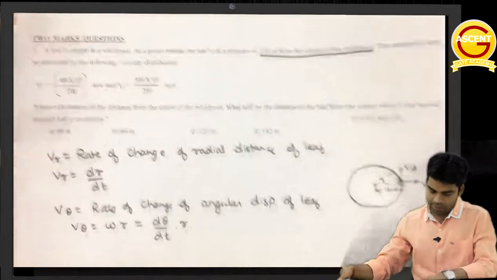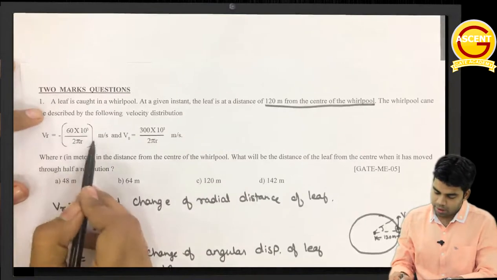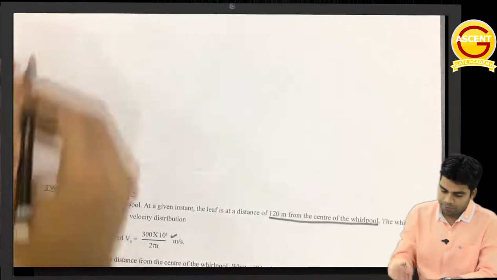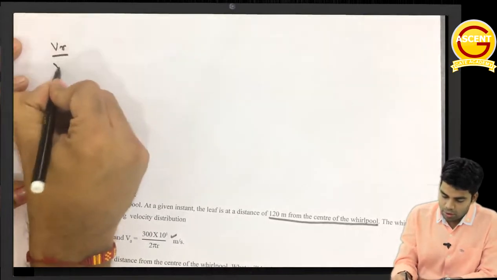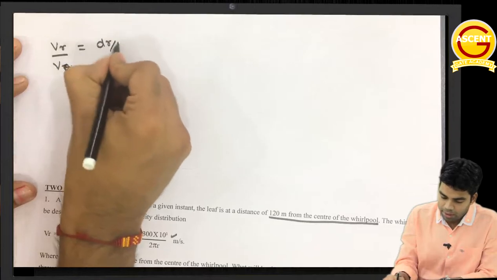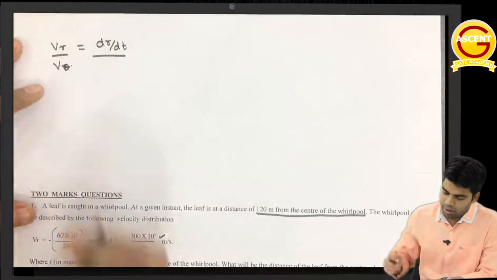Now further, Vr is given as this much and V theta is given as this much. Let's take the ratio Vr by V theta, which will be equal to dr by dt divided by r into d theta by dt.